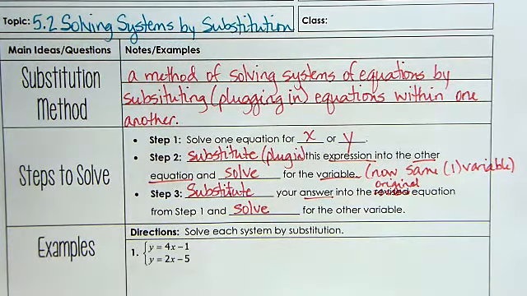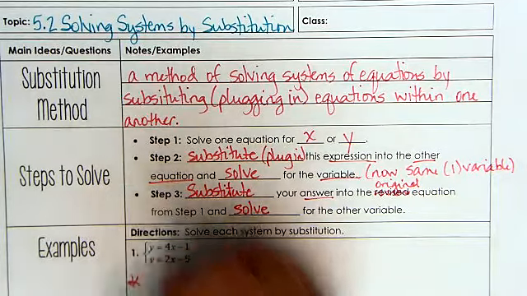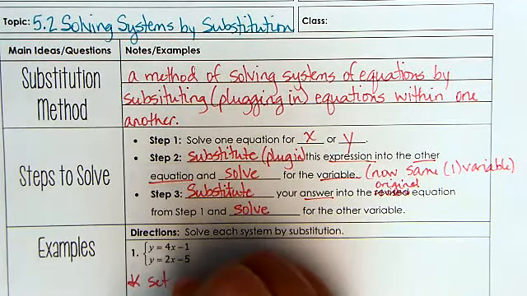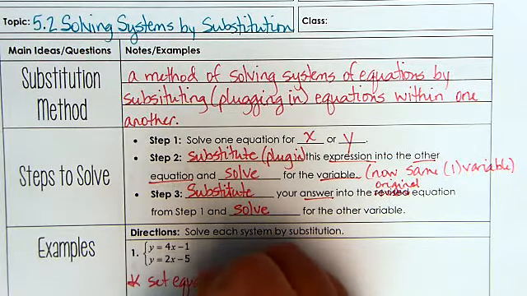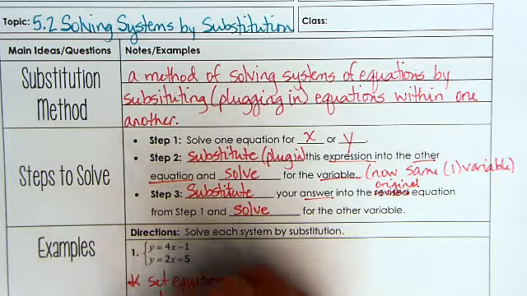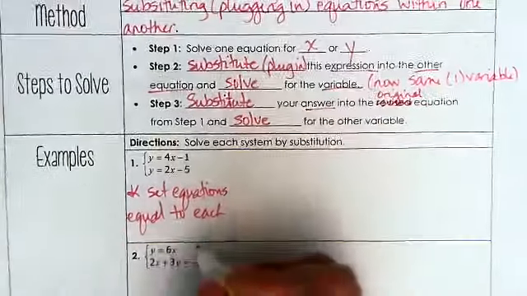Okay, here we go. So let's work a problem. For this one, it's very nice. They're already both y equals. So for this one, we are going to set equations equal to each other.